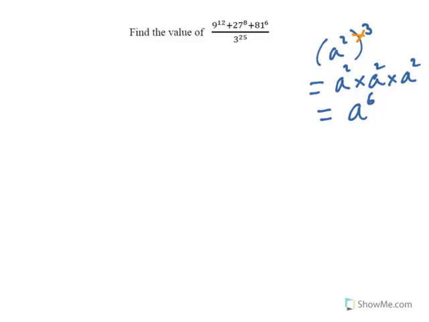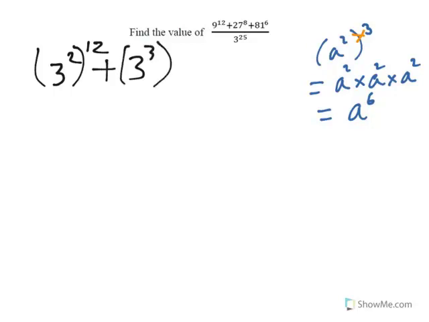So we'll start off with the 9 and write it as 3 squared to the power of 12 plus, and the 27 we know is 3 cubed, so we can write 3 cubed to the power of 8 plus the 81 I'd like to look at separately.